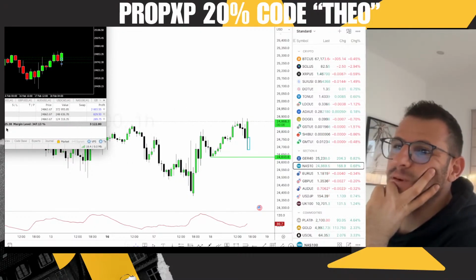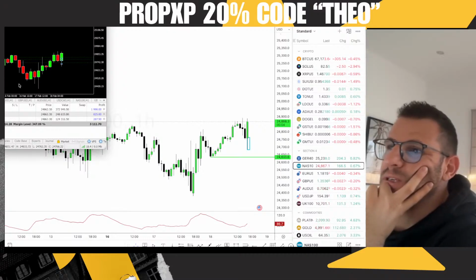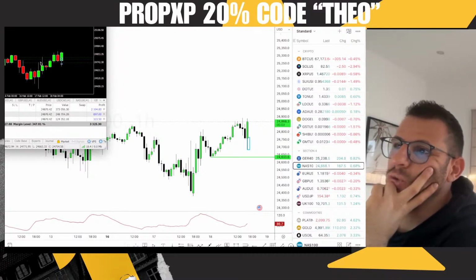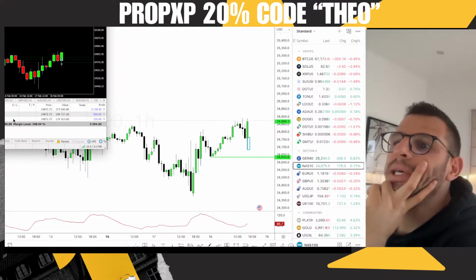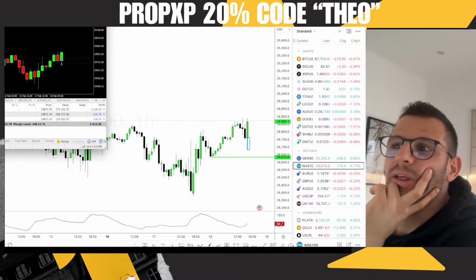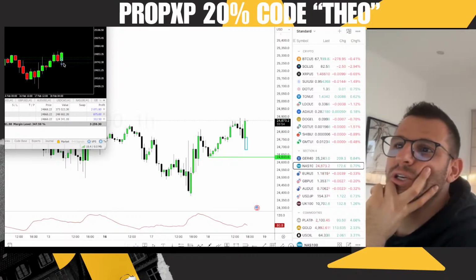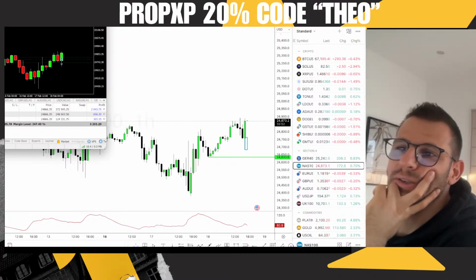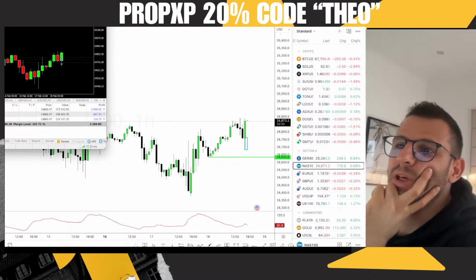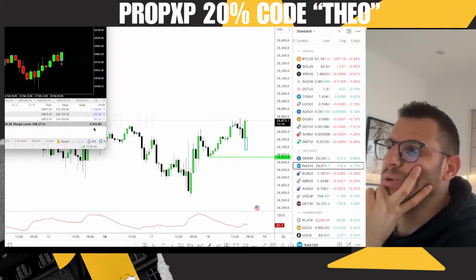I scaled in during the move. That's why you see the lower position had the highest volume. Then I was lowering the volume all the way up. That's how I was building the positions here.